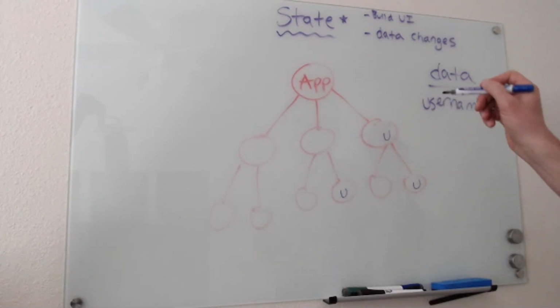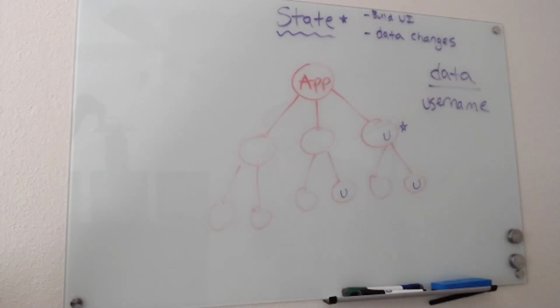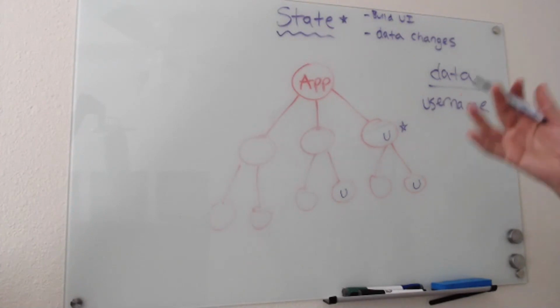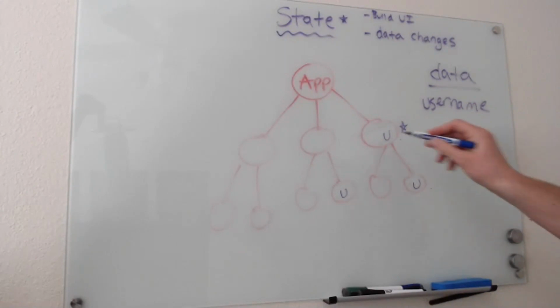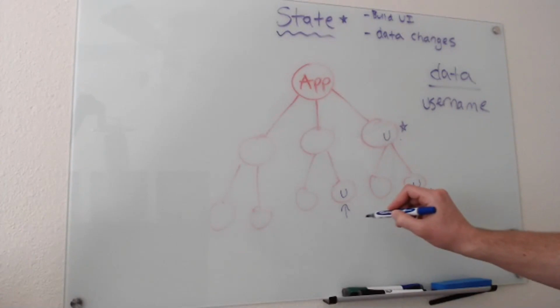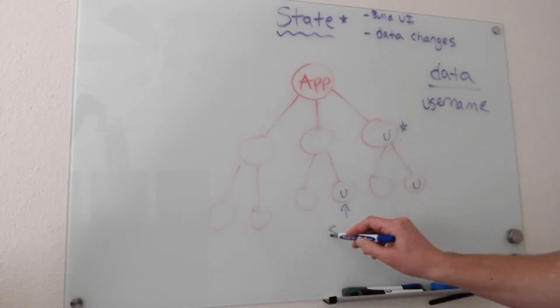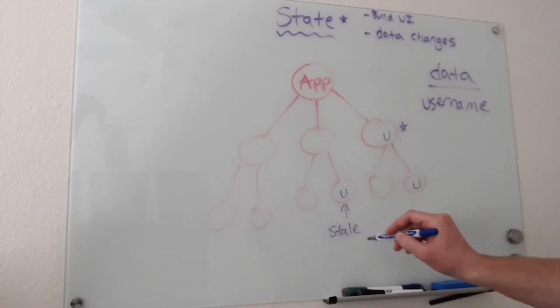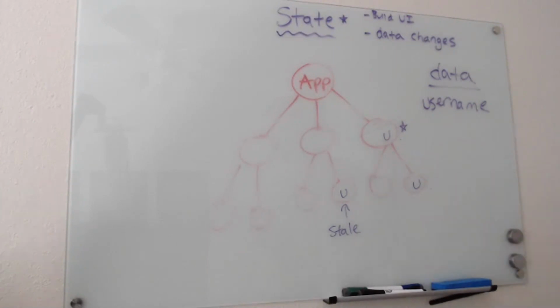Well, if we are managing username in this component and our user goes in and changes their username, then these two components update with the correct data. But down here, we now have stale data. It's out of sync, and it is showing the wrong data.